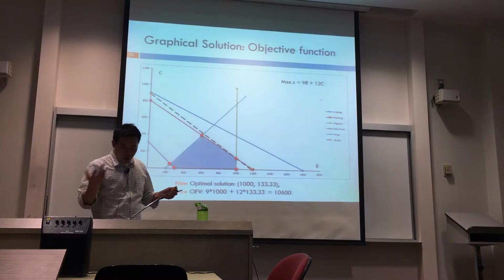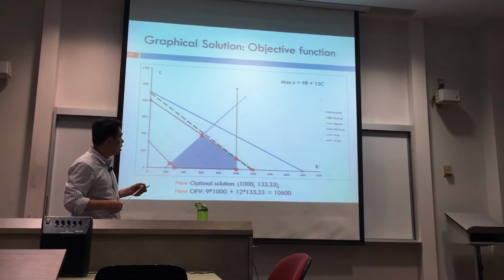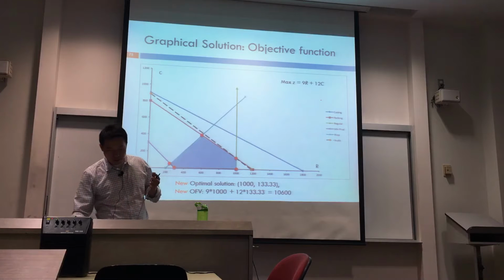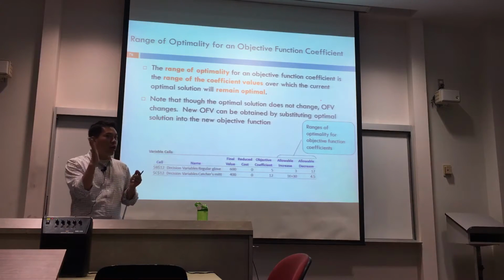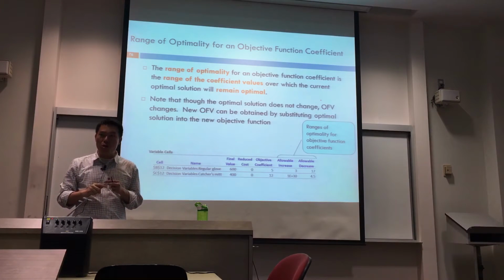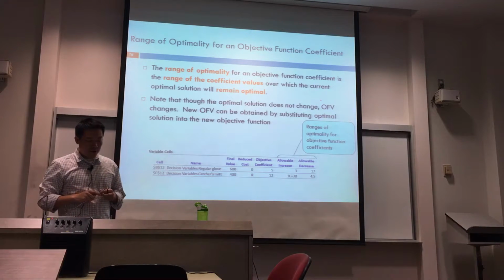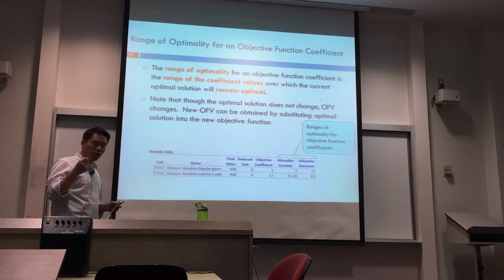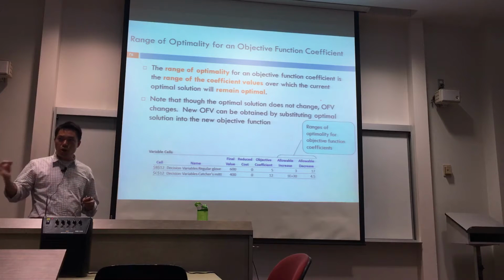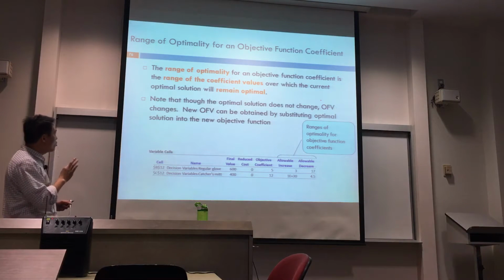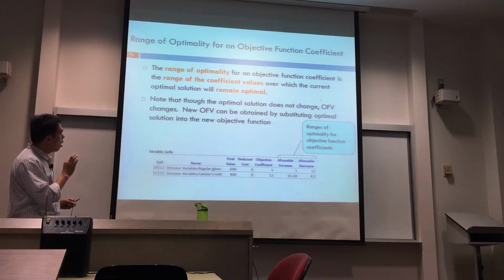So for this one, the optimal solution is going to change. So again, as we said, there's a range. Beyond that, the optimal solution is going to change. So when we talk about the objective function coefficient change, we have something called the range of optimality.